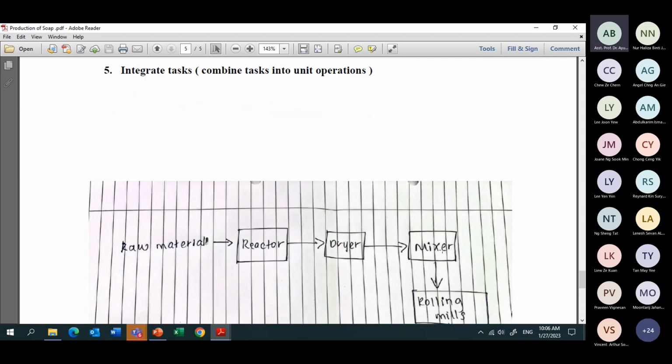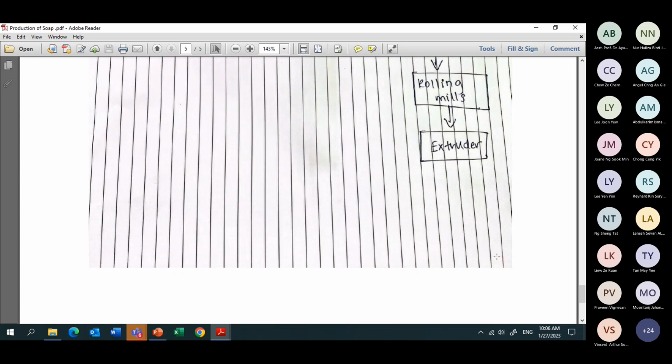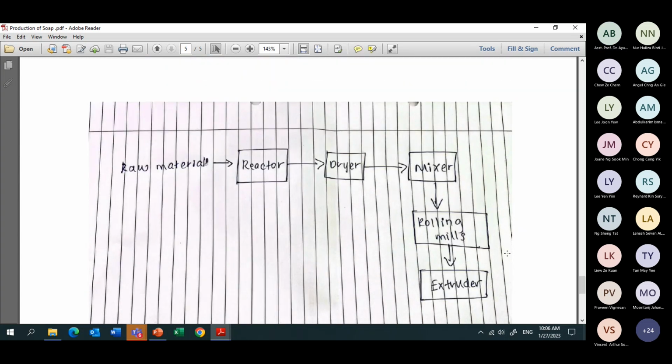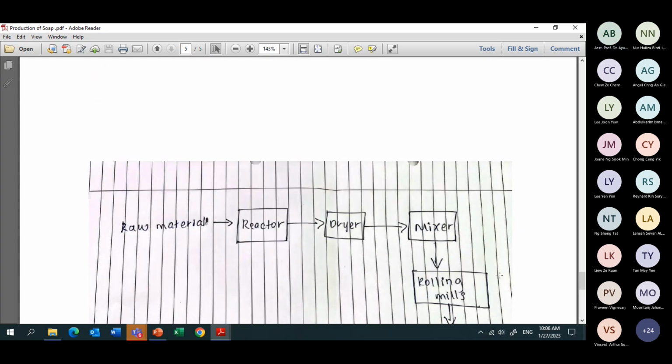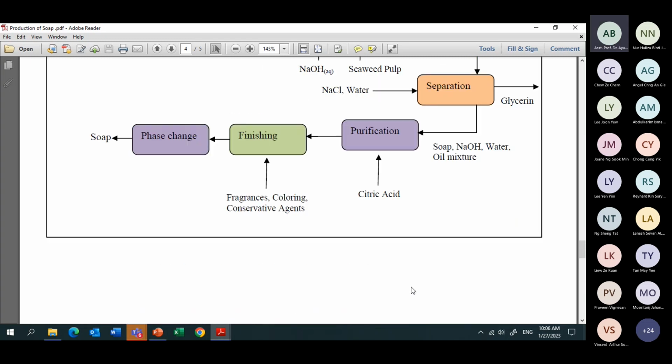Okay, so finally integrate the task. Why is this different? This is not the task. Where do the rolling mills come from over here? Number 5 is wrong. You should look into it again.